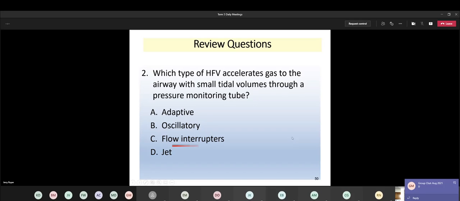So yes, it's the jet. Those little tiny pulses of gas that it shoots down into the airway. That's how it's going to deliver the volume. But again, it's not inflating the lungs. It's just shooting these little tiny pulses of gas, and CO2 will passively leave.